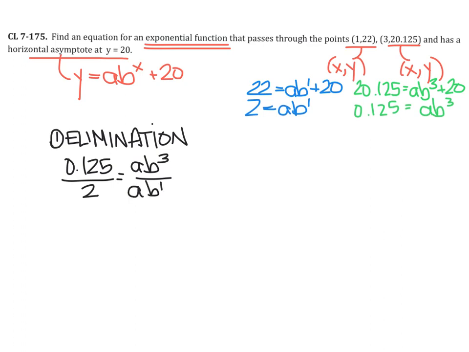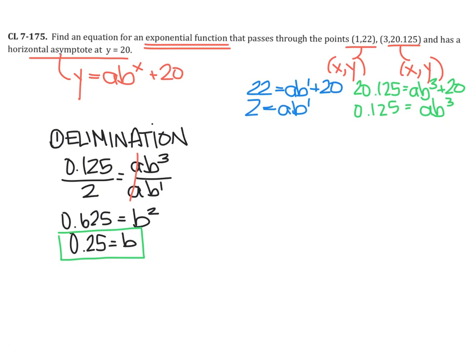And when we simplify that equation, we end up with 0.0625 equals b squared, because those a's reduce to 1, and that b cubed over b to the first reduces to b squared. And then when we square root both sides, we find that 0.25 equals b. That strategy allows us to find b really quickly.